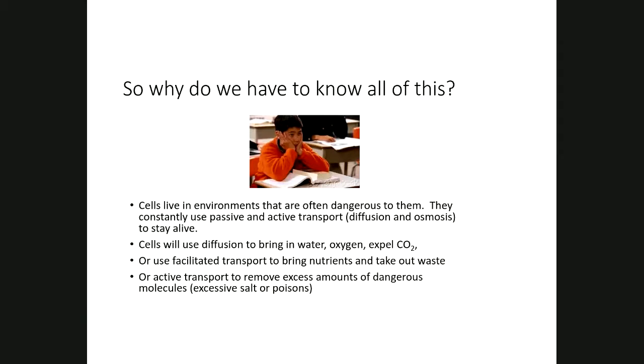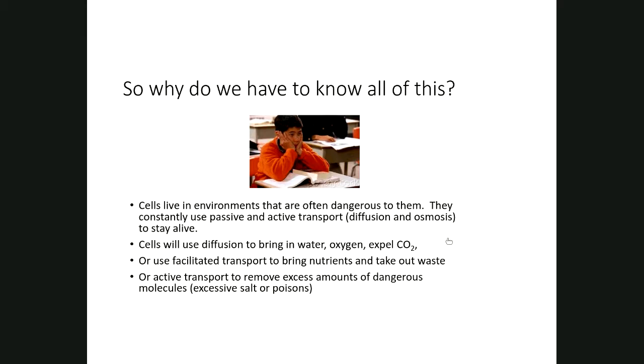They also use facilitated transport, right? Facilitated transport to bring large nutrients, not just sugar, and to take out big amounts of waste, large molecules of waste is what I mean.